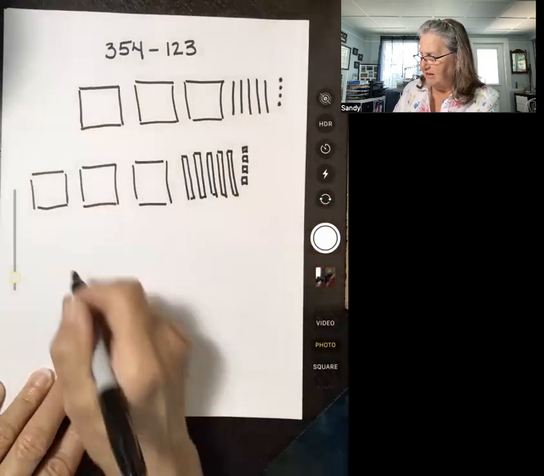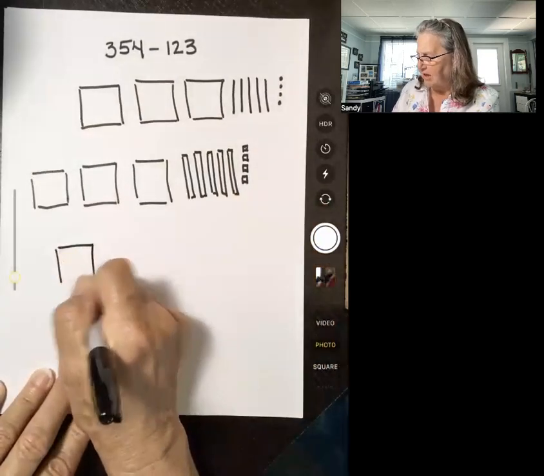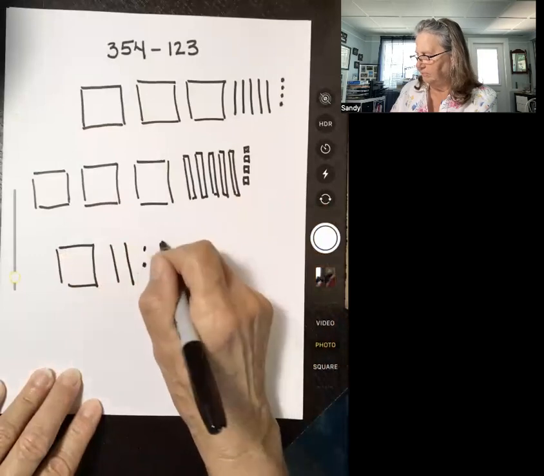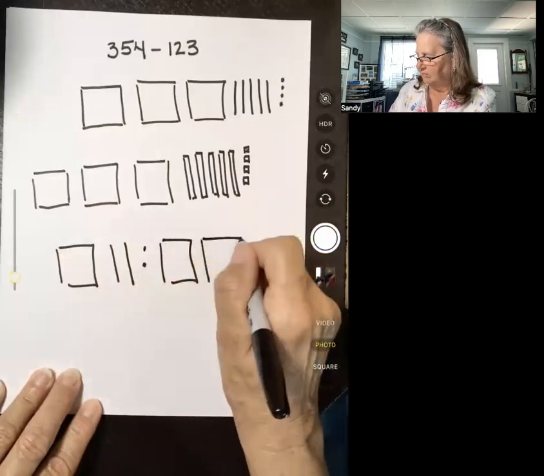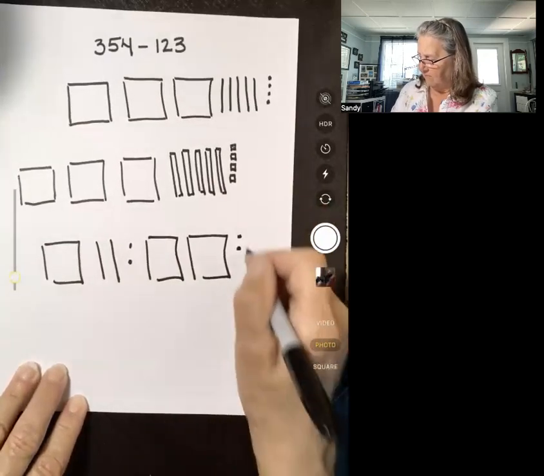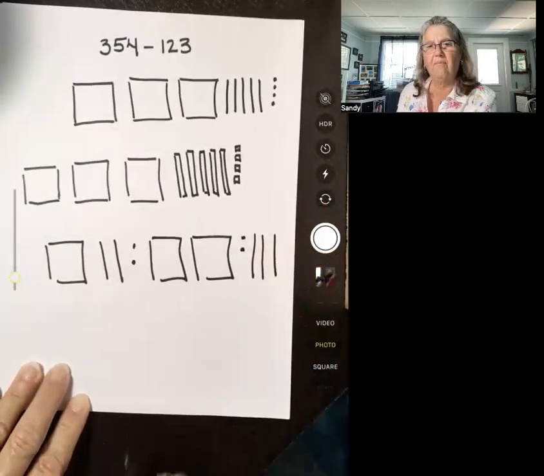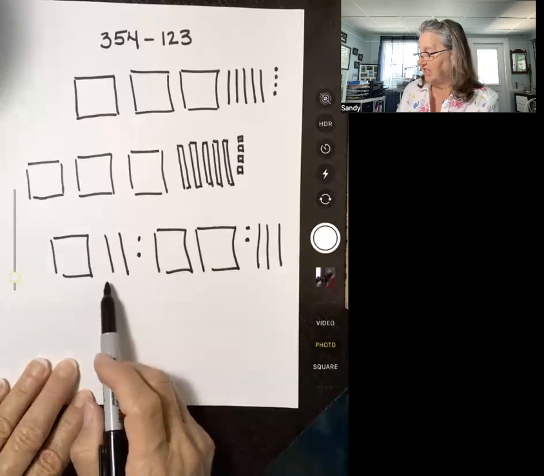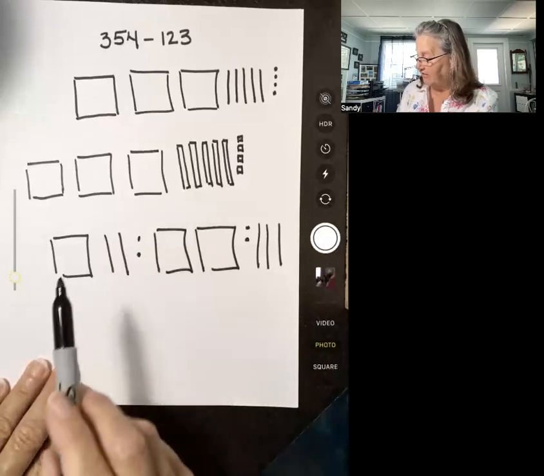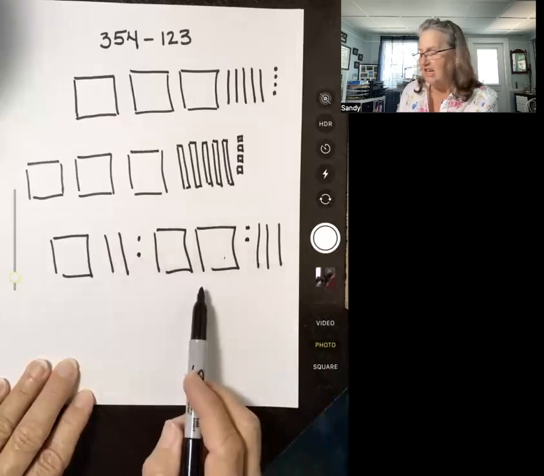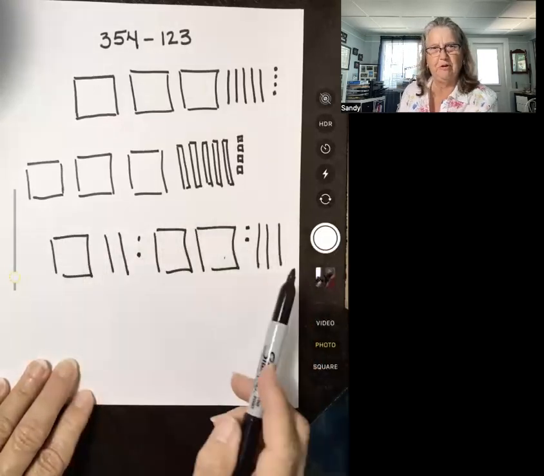This top drawing, I could have drawn it something like this. You see the order in which I place these. Hundreds, I could mix the tens in. As long as I still have 300, 5 tens, and 4 ones, this is still 354.